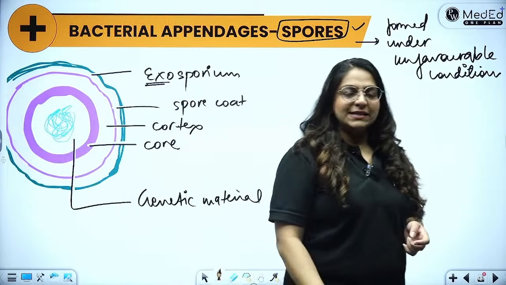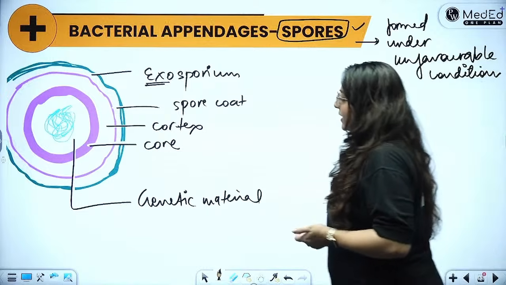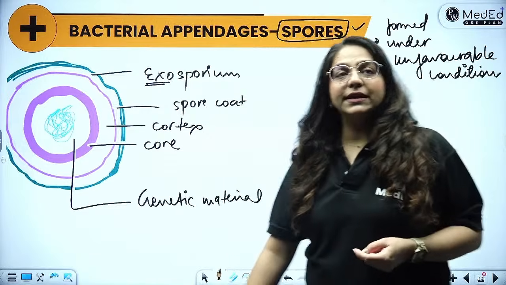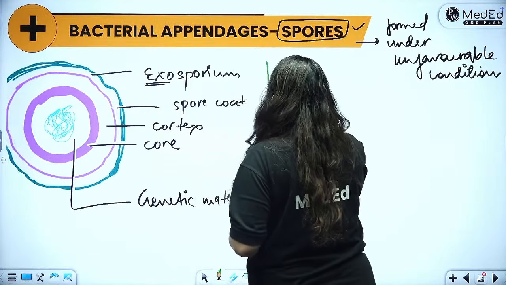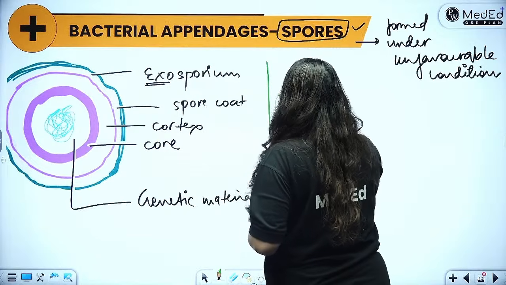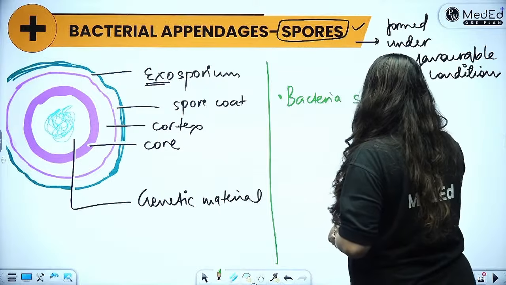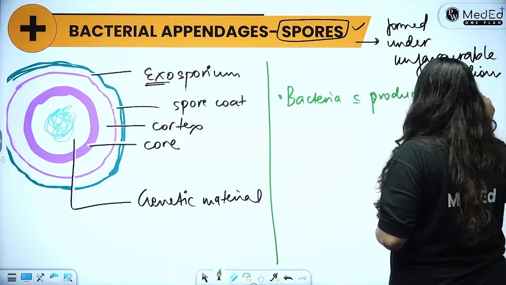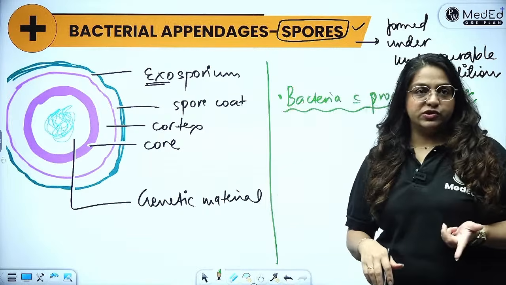Yes, so these are your layers of the bacterial spore, and you will draw this diagram and you will label all of these structures. Now, another important thing that you have to write in the answer sheet is the bacteria which produce these spores. So you have to remember two guys which produce endospores.